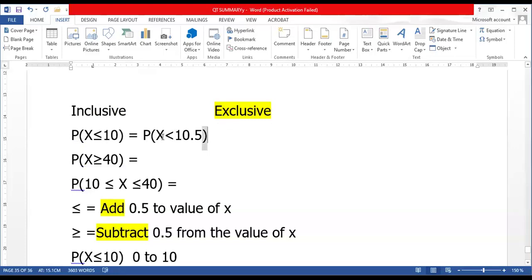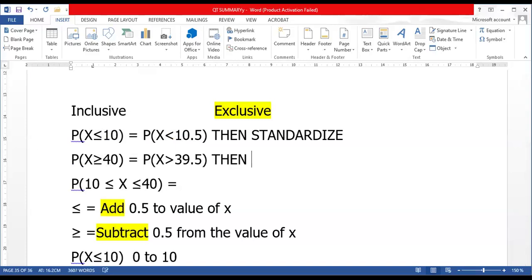After doing this, go ahead and standardize. Then if you're looking for this one, it will be probability of x greater than; if it is greater or equal to, we subtract. So it will be 39.5. After doing that, you go ahead and standardize.